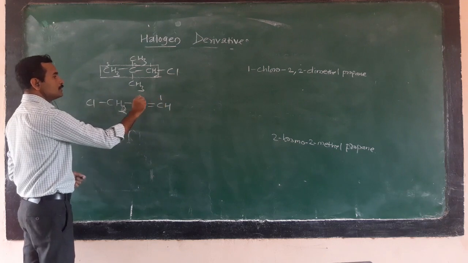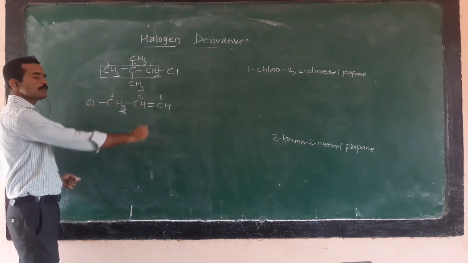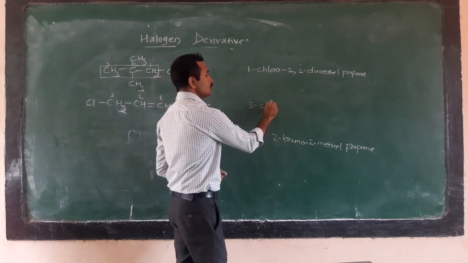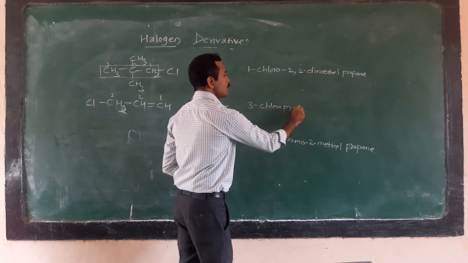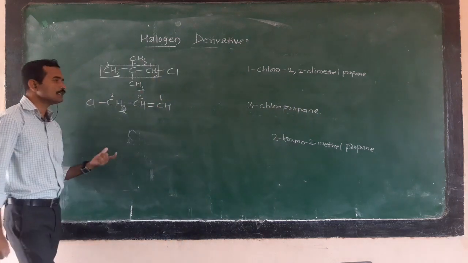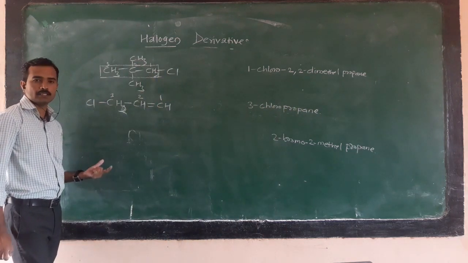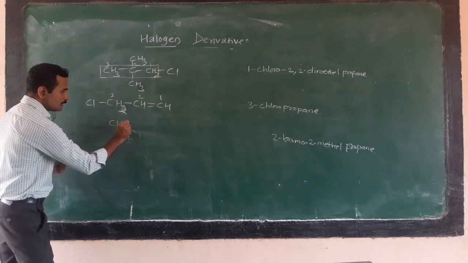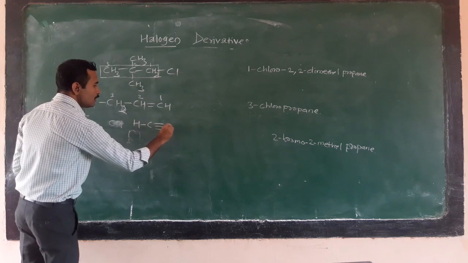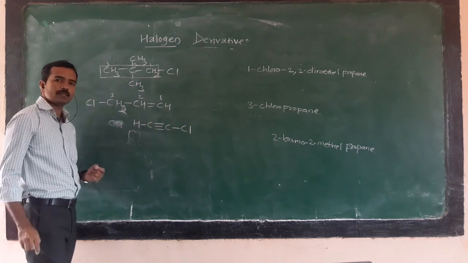Now here 1, 2 and 3. The IUPAC name for this compound is 3-chloroprop-1-ene.